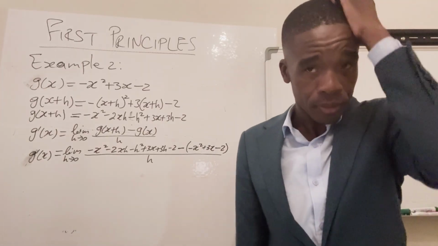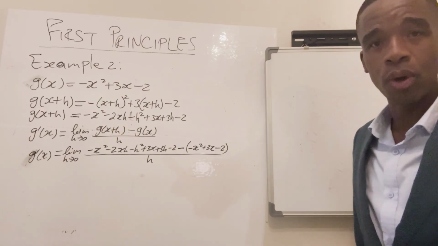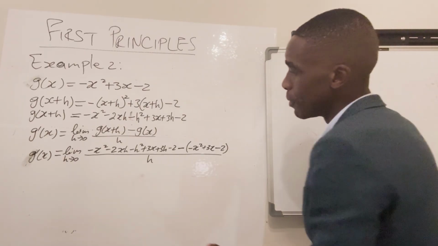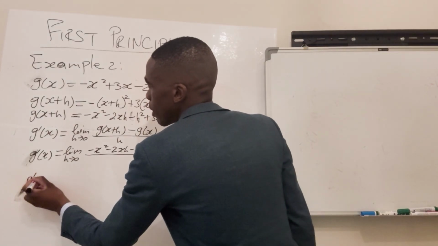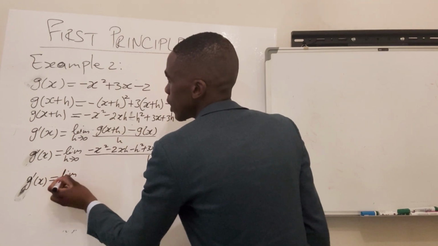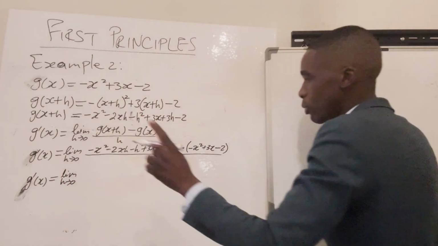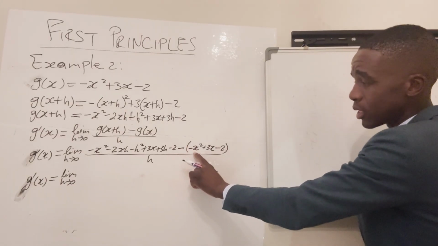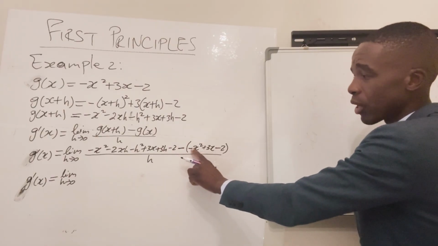Are we together? And in that particular instant, ladies and gentlemen, you are able to say I'm therefore having a g prime of x as the limit as h approaches 0. I put it to you that that negative when it multiplies in is going to be a negative, and a negative is a positive. An enemy of an enemy is a friend.